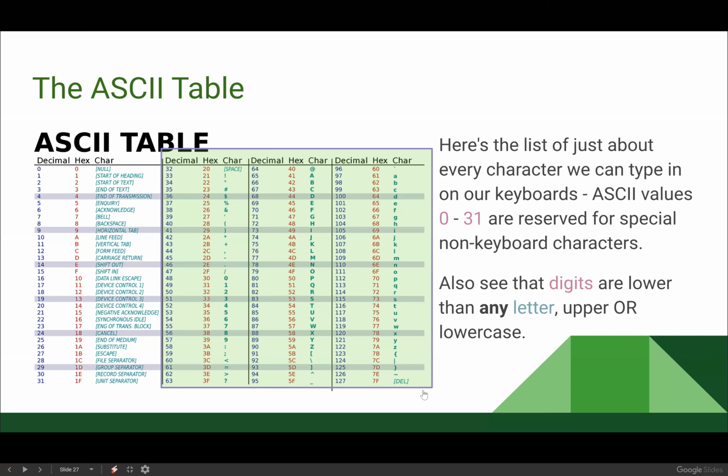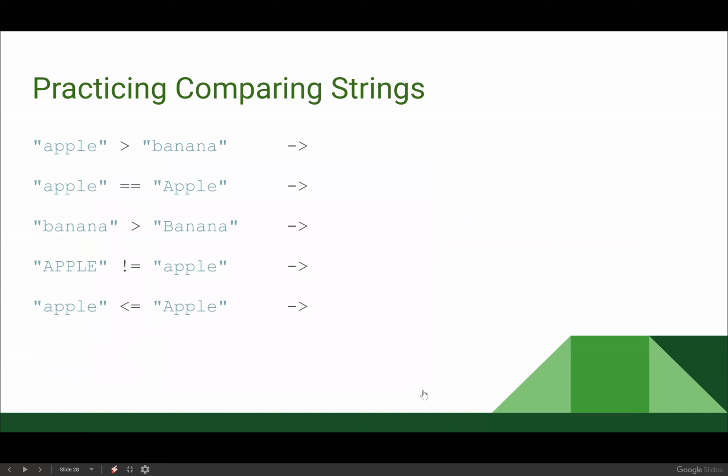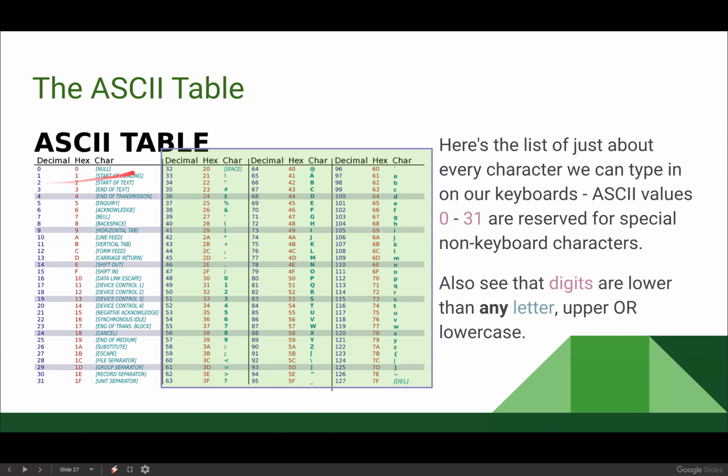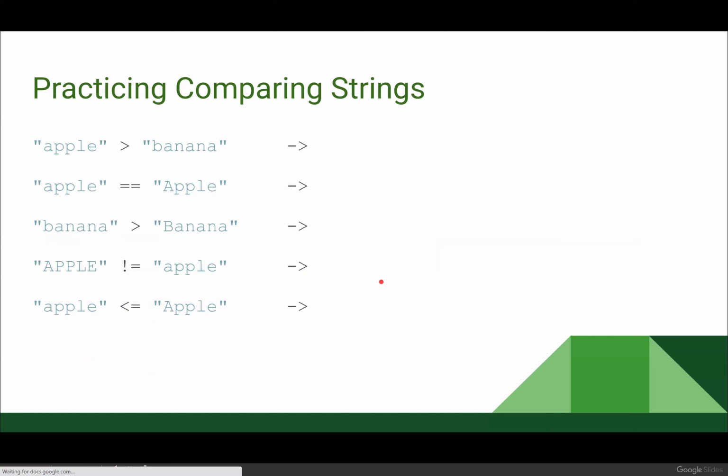Any questions about what you need to remember from the ASCII table? Cool. And you can also find this online. If you just search ASCII table, you will find this image. So if you need to reference it, it is available.